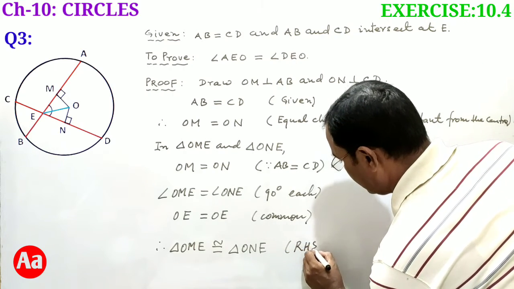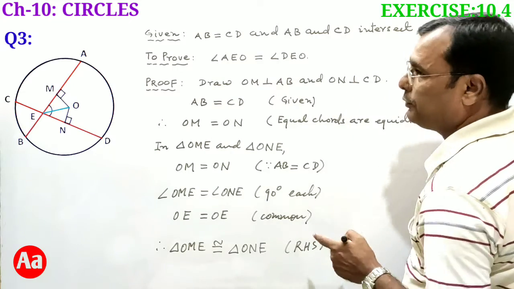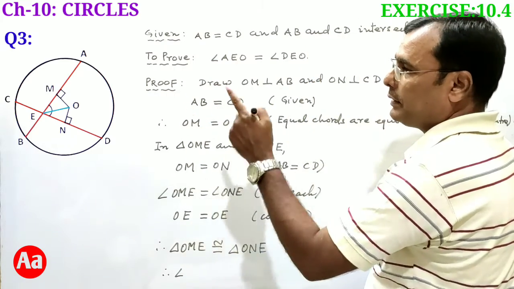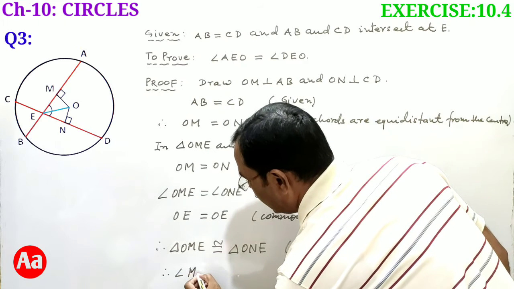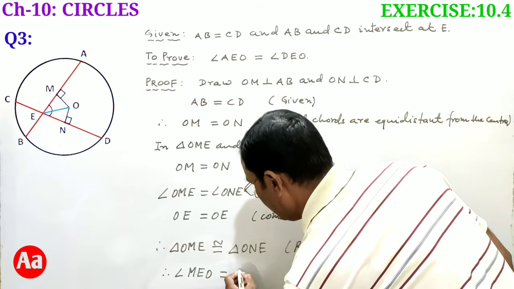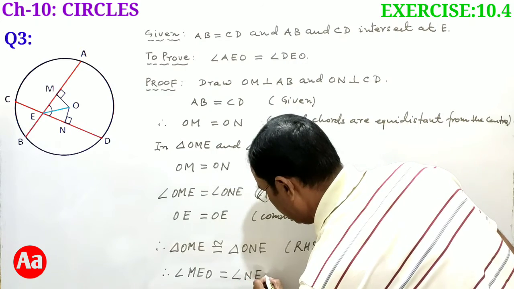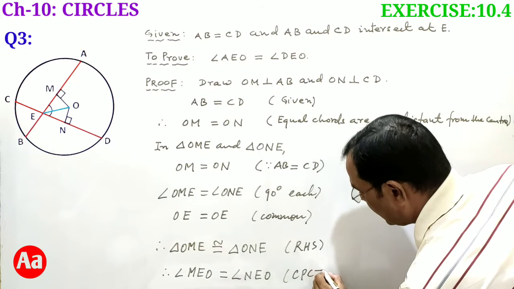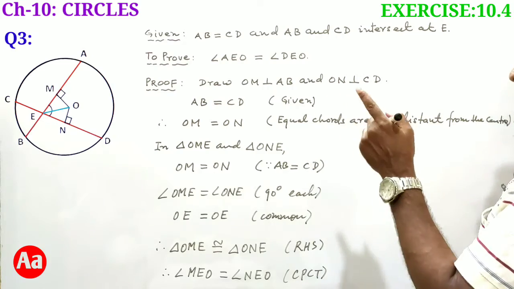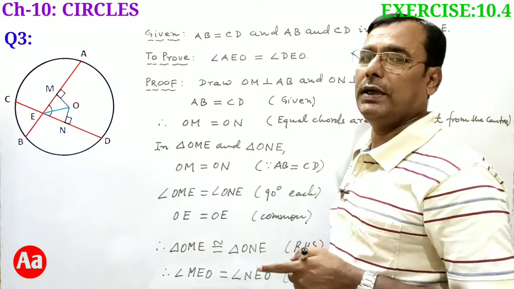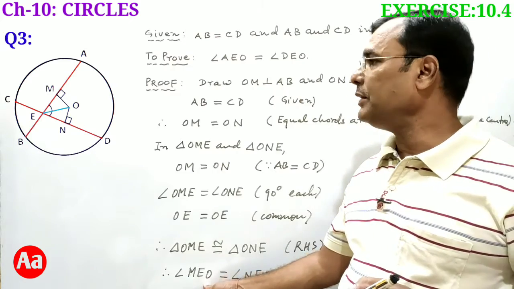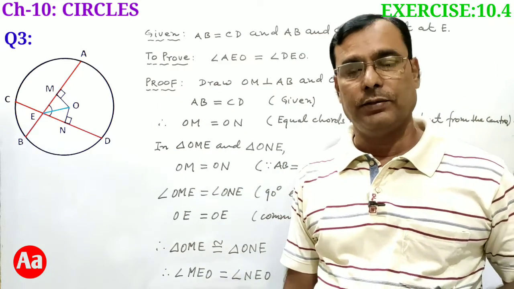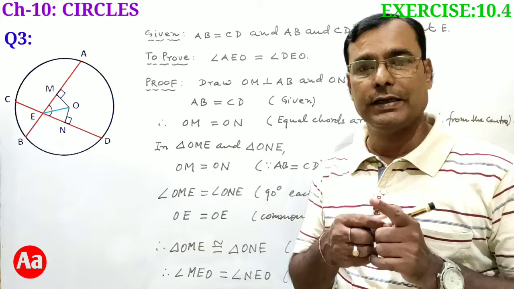By RHS congruence rule, and therefore angle MEO is equal to angle NEO by CPCT, because they are corresponding parts of congruent triangles OME and ONE. So angle MEO and angle NEO are equal, being corresponding parts of congruent triangles.